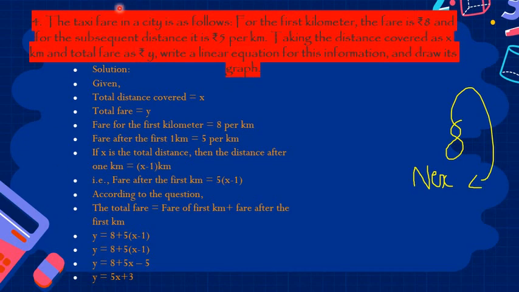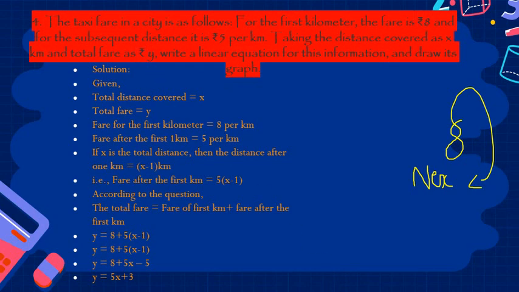Here the question is, the taxi fare in a city is as follows. For the first kilometer the fare is 8 rupees, and for the subsequent distance it is 5 rupees per kilometer. Taking the distance covered as x kilometer and total fare as rupees y, write the linear equation for this information and draw its graph.